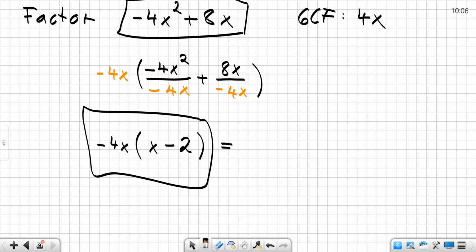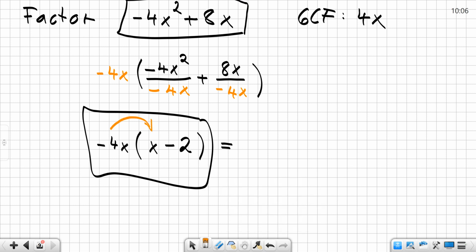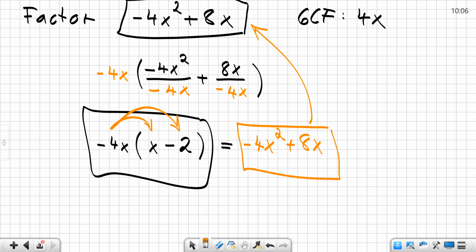Using the distributive property, negative 4x times x is a negative 4x squared. And a negative 4x times a negative 2 is a positive 8x, which is what we had to begin with. So, in short, whenever we start a polynomial with a negative sign and we want to factor, we are going to factor out the negative of the GCF.